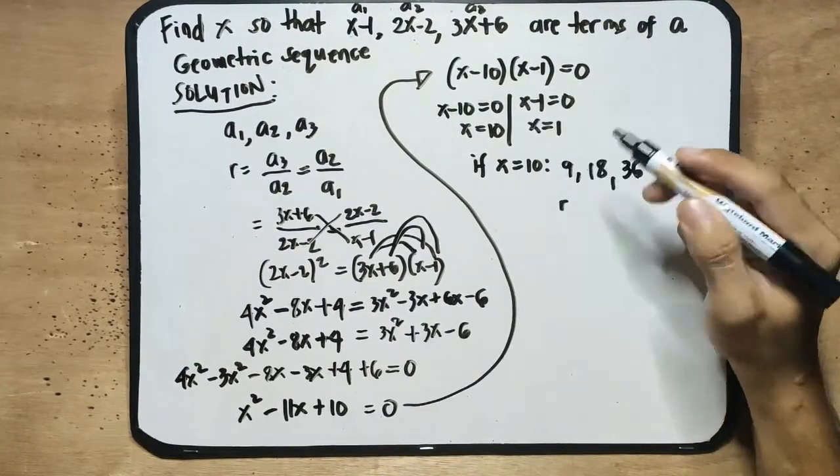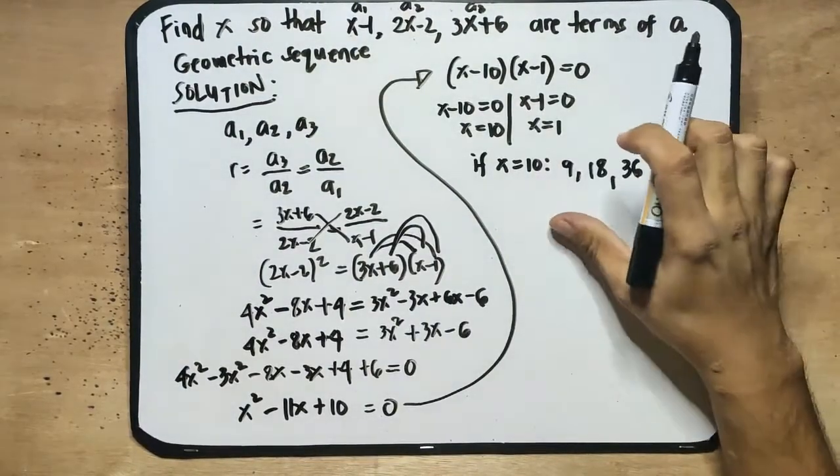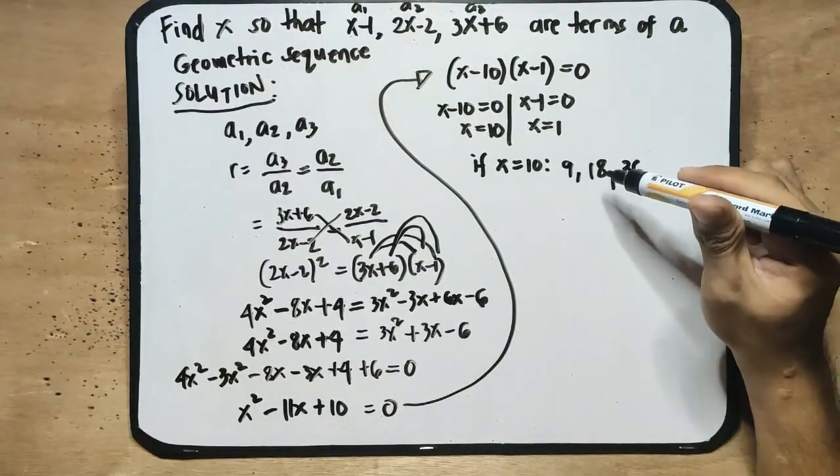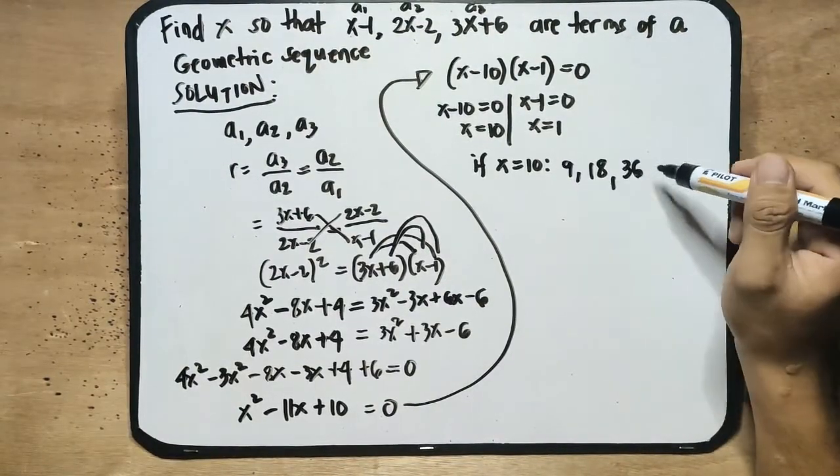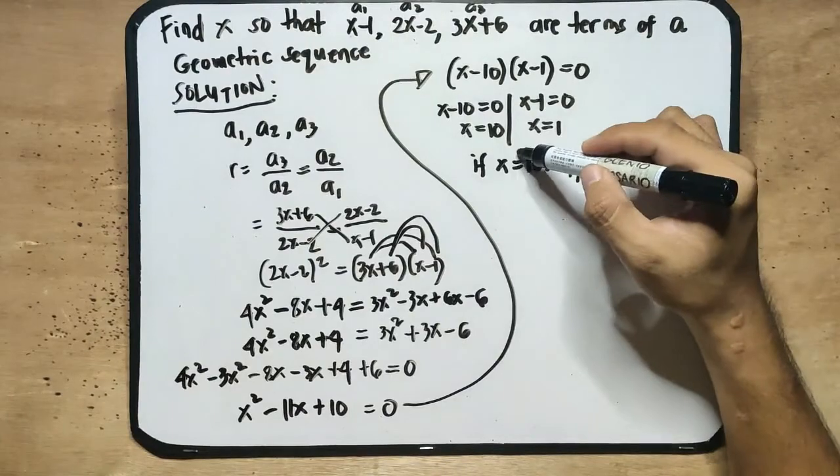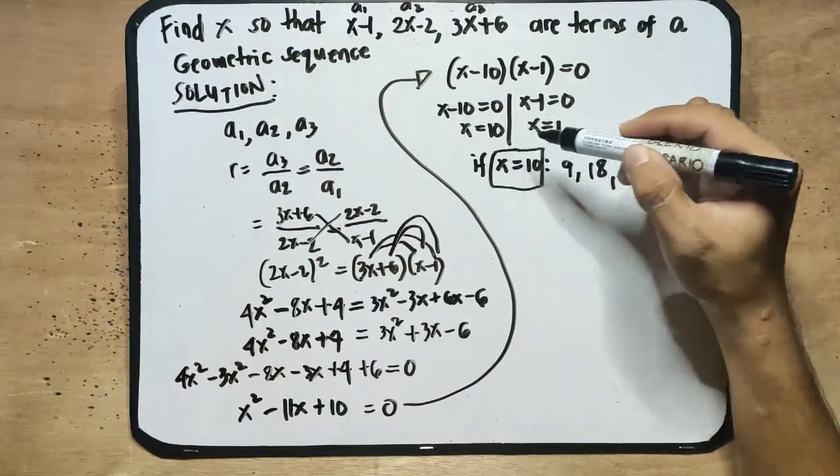So, may common ratio ba sila? 36 divided by 18 is 2. 18 divided by 9 is 2. So, this is a geometric sequence. Ibig sabihin, this is an answer.